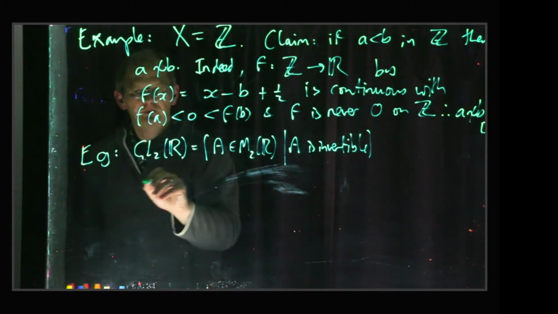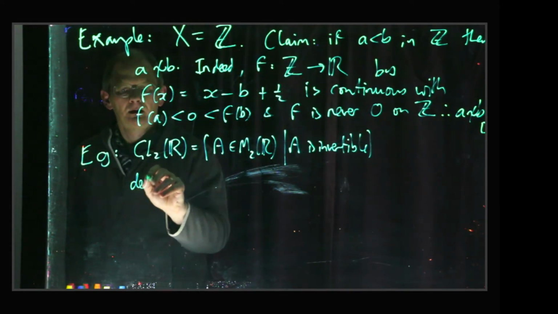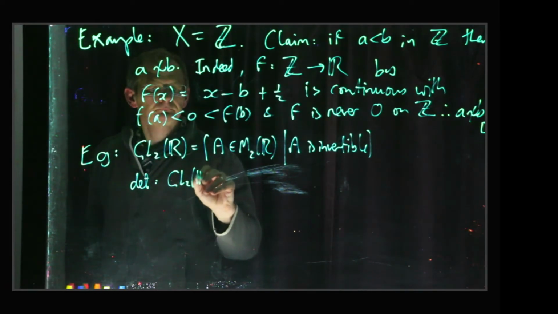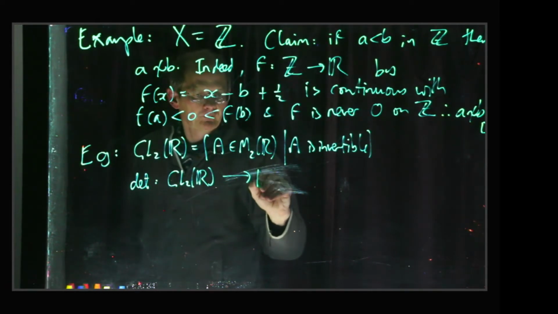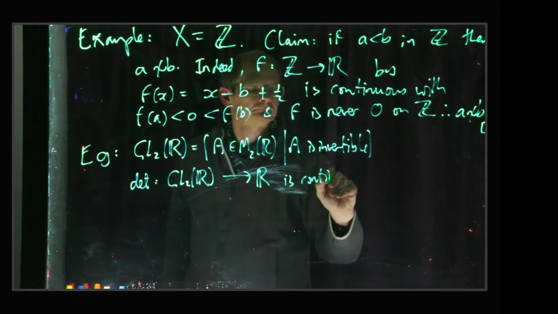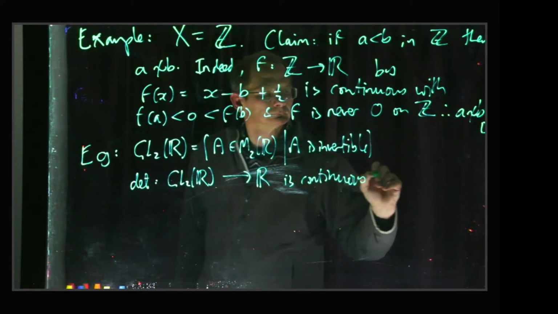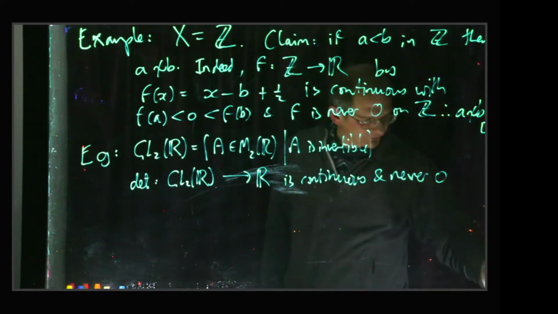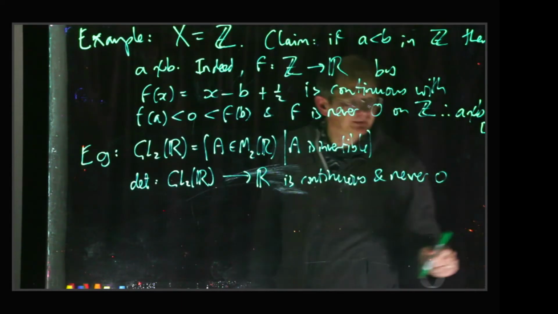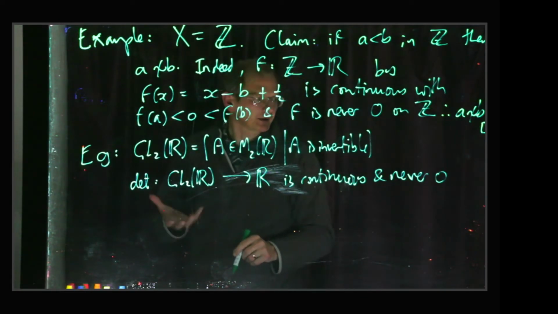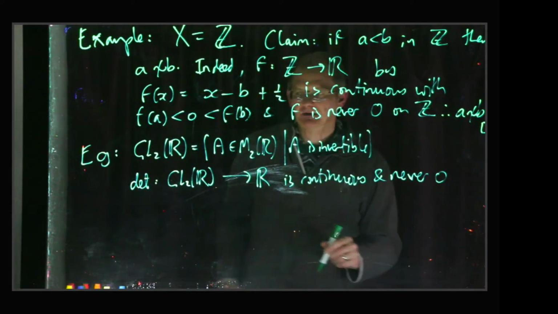And so we've got this determinant map from GL2R to the reals. So that's continuous and it's never 0, right? Because a matrix is invertible precisely if its determinant is non-zero. So this is a never 0 function.